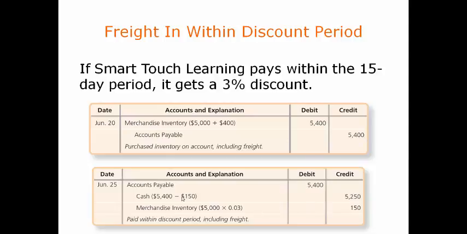You would have paid $5,400 cash, but we're taking a 3% discount on this $5,000. You don't get a cash discount on the freight. You just get it on the invoiced amount of $5,000. So that's where the $150 comes from. And there your journal entry balances your debits and credits: $5,400 reduction in payables, $5,250 in cash, and the other $150 goes to reducing the merchandise inventory.